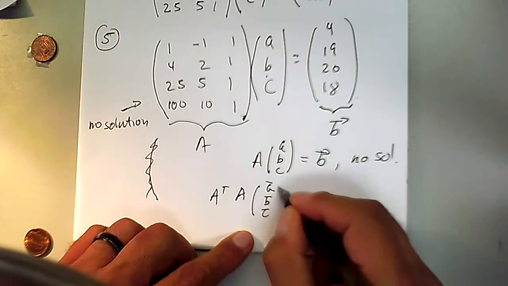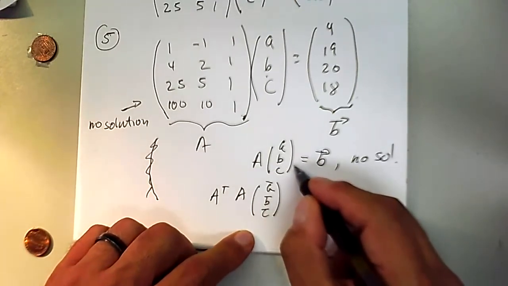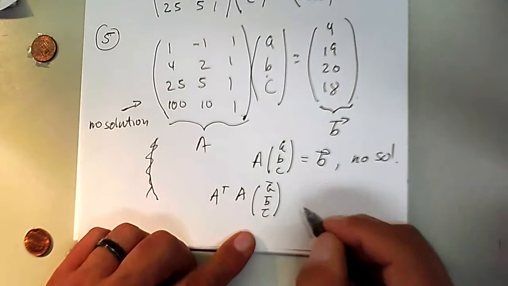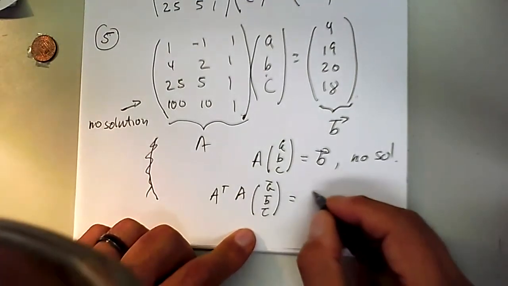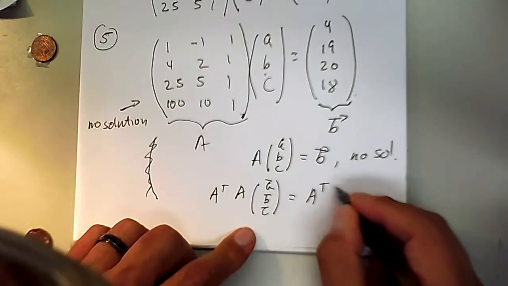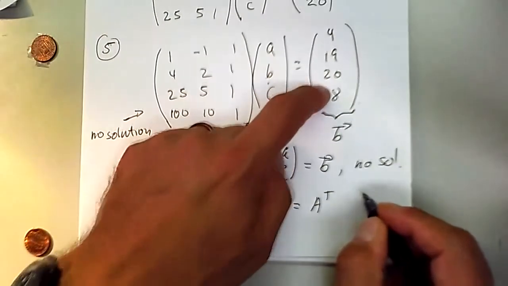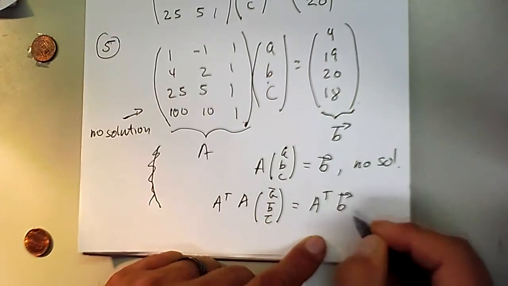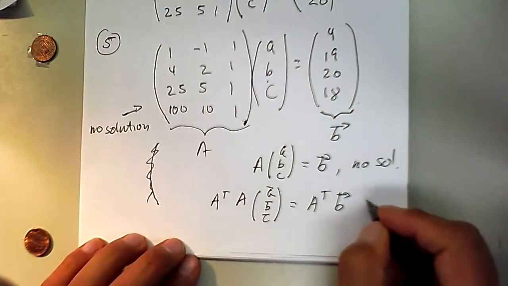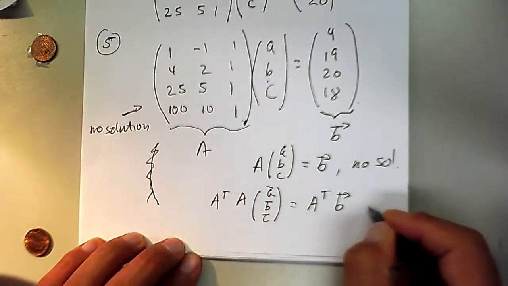That means we don't have the same equation. We have a different equation, equal to the transpose of this matrix times this same vector B. This one will have a solution.